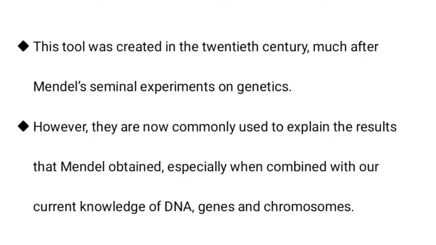This tool was created in the 20th century, much after Mendel's seminal experiment on genetics. However, they are now commonly used to explain the results Mendel obtained, especially when combined with our current knowledge of DNA, genes and chromosomes.